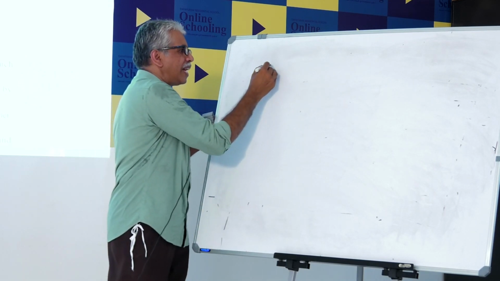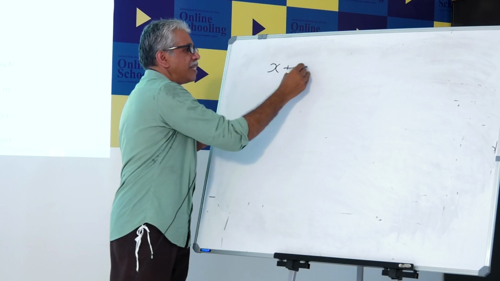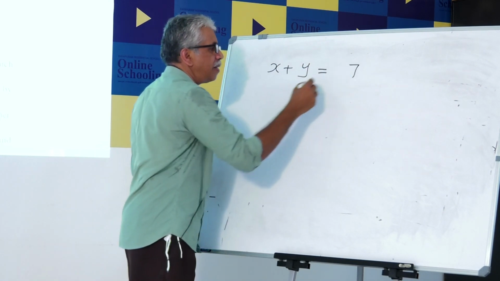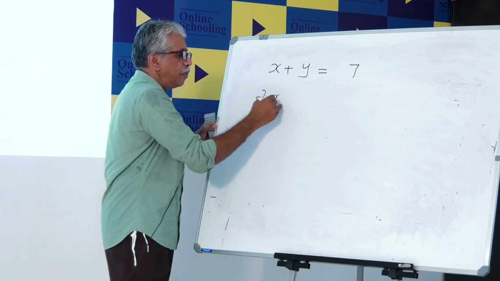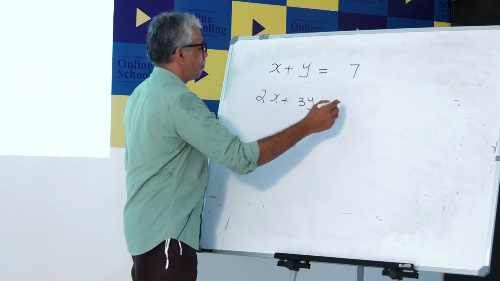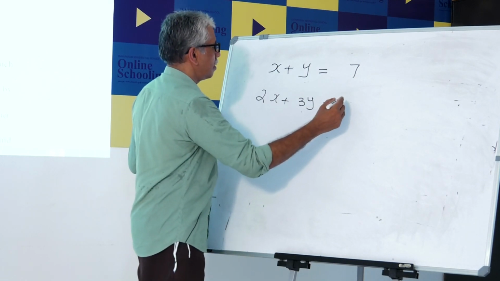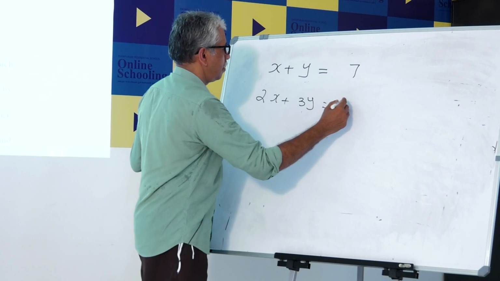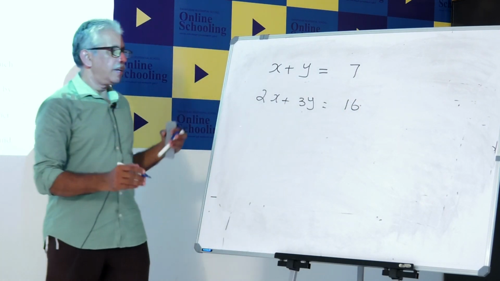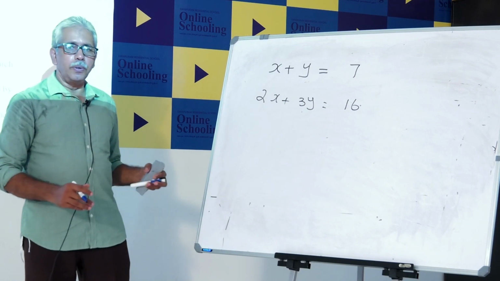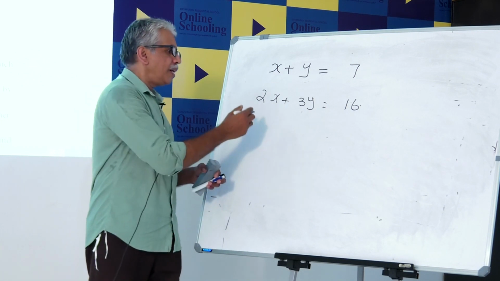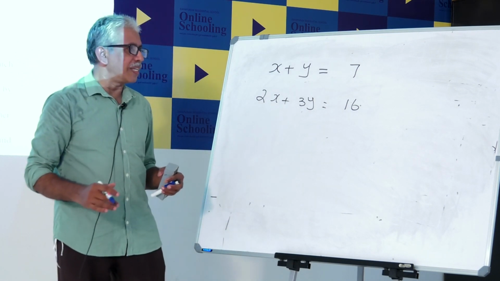So, let us take an example. Consider the linear equations x plus y equal to 7 and 2x plus 3y equal to 16. Suppose these are two linear equations, x plus y equal to 7 and 2x plus 3y equal to 16.